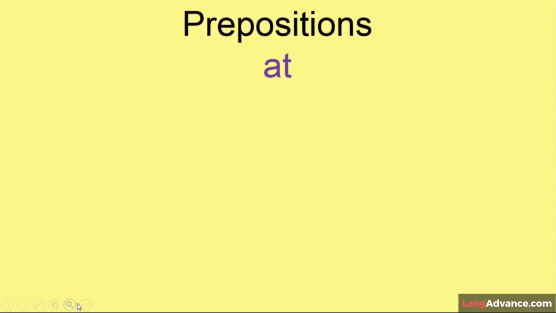Let's look at some prepositions and how we might reduce them in our speech, beginning with the word "at." But before we get into that, I want to explain citation form. Citation form is the way we would speak if we were to pronounce each word exactly as you would find the words in your dictionary.